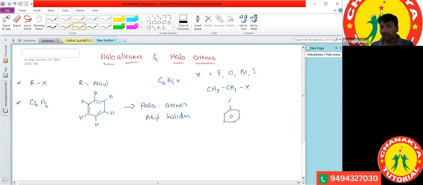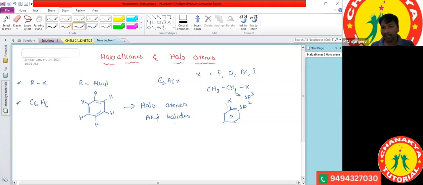Now, in haloalkanes, halogens are attached to an sp3 hybridized carbon atom.